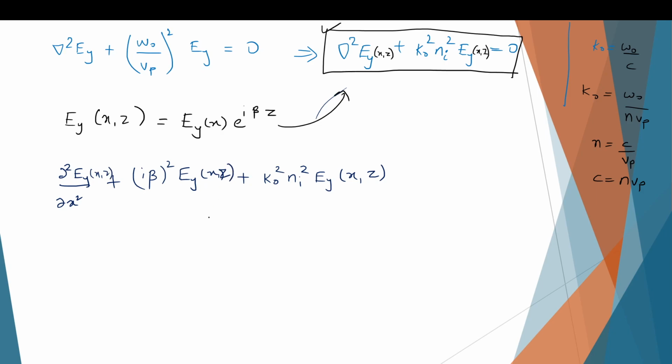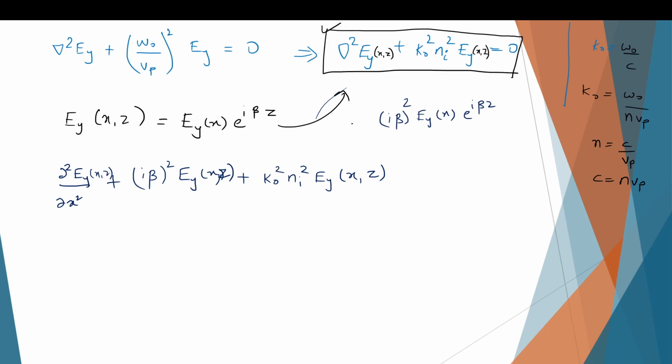Sorry, I made a mistake here. Even after double differentiating, it will still be Ey of x comma z. Right, because when I double differentiate this, I'll get Ey of x e power I beta z into I beta square.